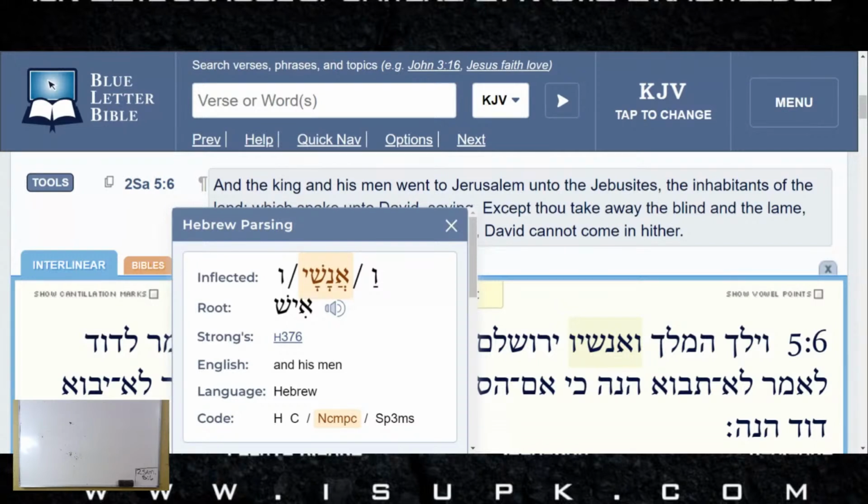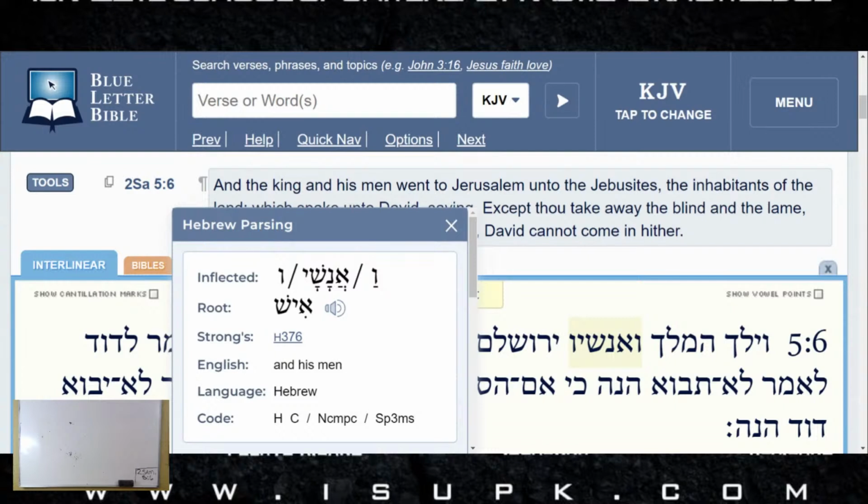Anashia, so Anashia is the root word for men. So the king and why at the beginning and why at the end, his. So it's saying, and men his.